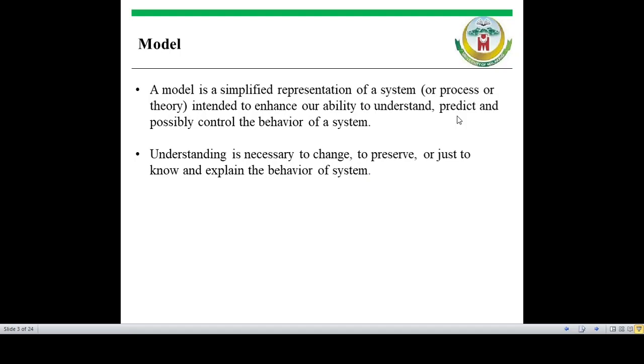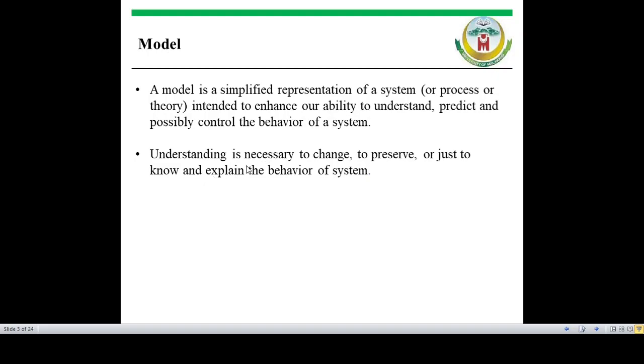Let's say we have a system, so we can predict how it is behaving now, and what will be its behavior in future. When we understand the system, we can also control its behavior. So for these things, it's important to model the system.